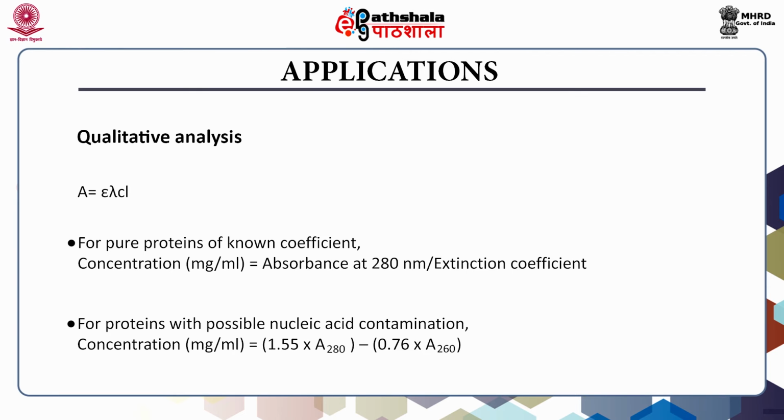The concentration of proteins with possible nucleic acid contamination can be calculated by the formula 1.55 into absorbance at 280 nanometer minus 0.76 into absorbance at 260 nanometer. Although proteins and nucleic acids can be measured in the UV range, there is an additional requirement of corrections for the interfering substances.